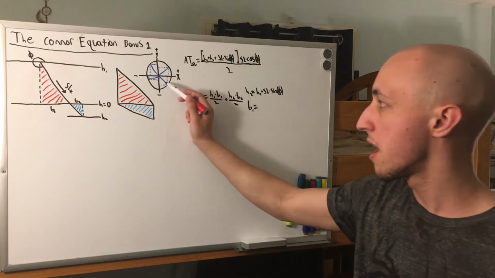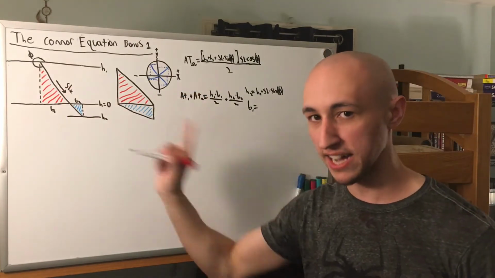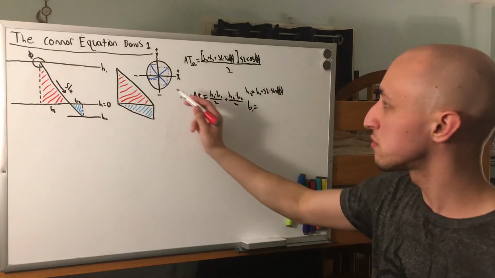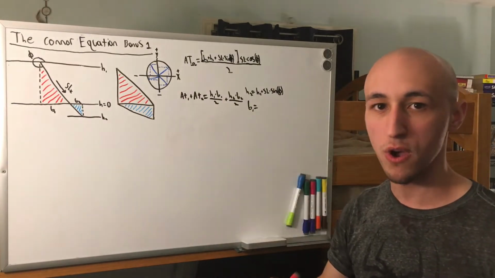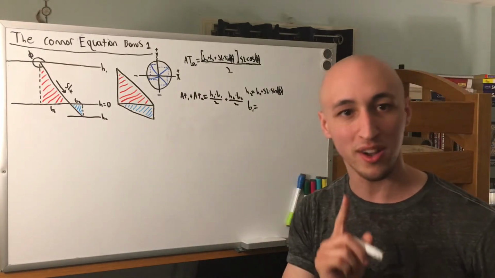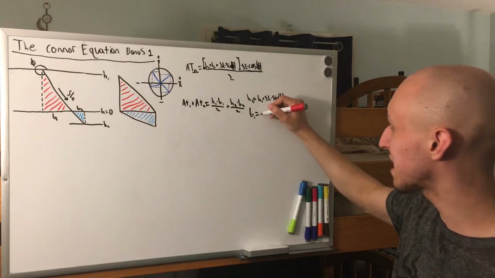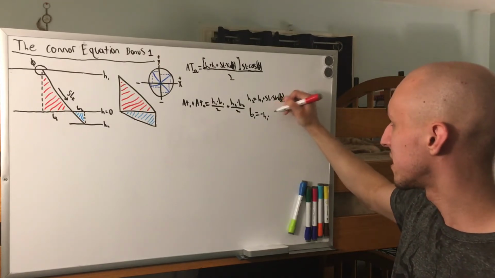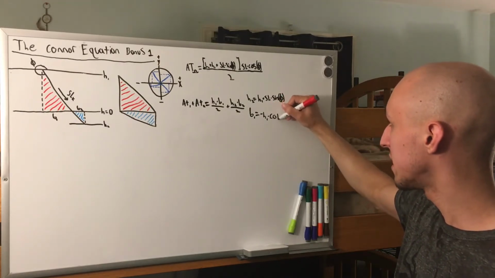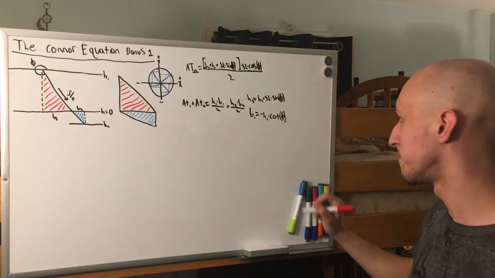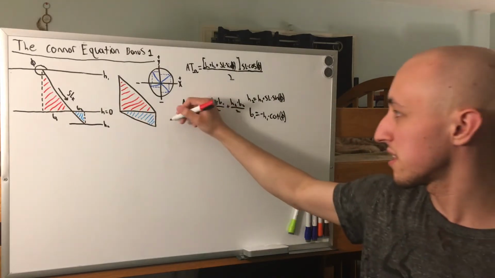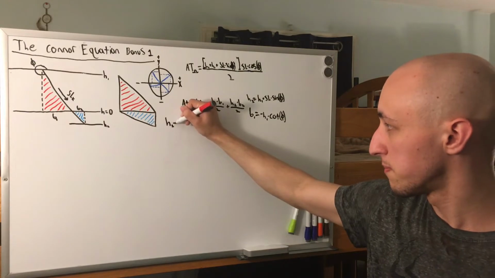If we input our positive value into something that is supposed to be negative, we are going to get the wrong answer. So B1 is going to be negative h1 times the cotangent of phi. Okay, let's go to H2.